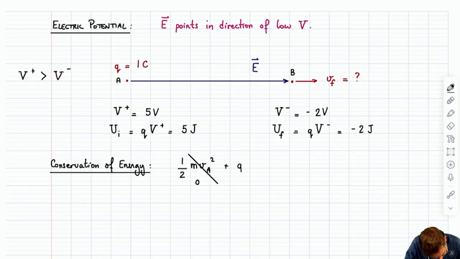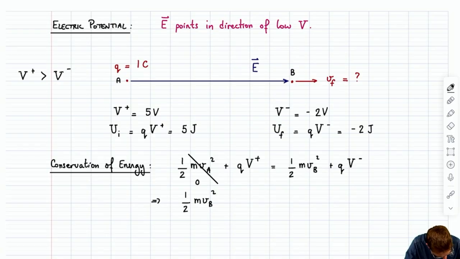Plus the potential energy is Q V plus, is equal to the kinetic energy at B, 1/2 m VB squared, plus Q V minus, the potential energy, right? Okay, this is what we want to be able to do because it's a lot easier to find VB like this than to use Newton's second law and kinematics, right? I'm not saying it's not possible to do second law and kinematics. I'm saying most of the time it's a nightmare.